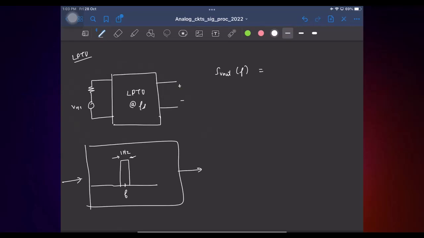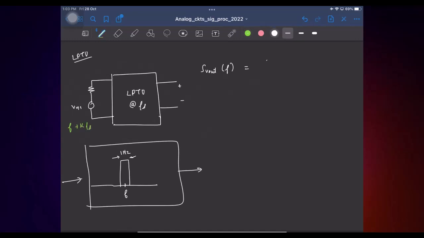Okay, cool. So now there are a couple of differences with LPTV network. So first is, if it were an LTI network, the power at a frequency f will be coming only due to a frequency f in Vn1. But now what all frequencies can contribute to the power at f plus k times fs?